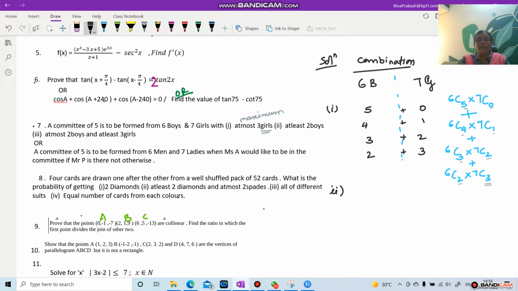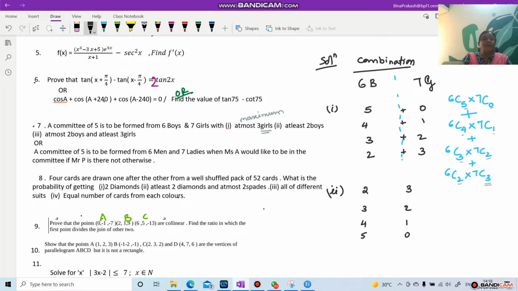The second part says at least 2 boys. At least 2 boys means there has to be a minimum of 2 boys. So in that case, it is 2 from here, then 3 from here. Then 3 from here, 2 from here. Then we can go further: 4 from here, 1 from here, and all 5 boys, no girls.